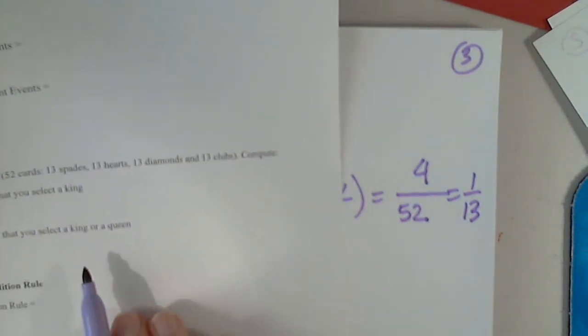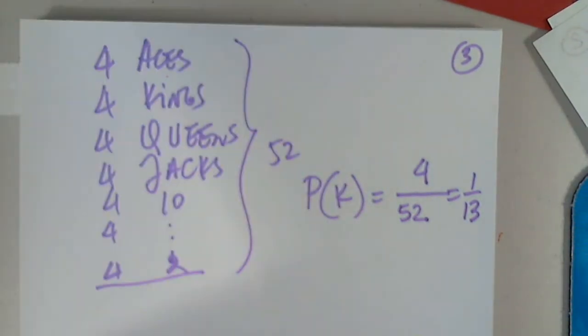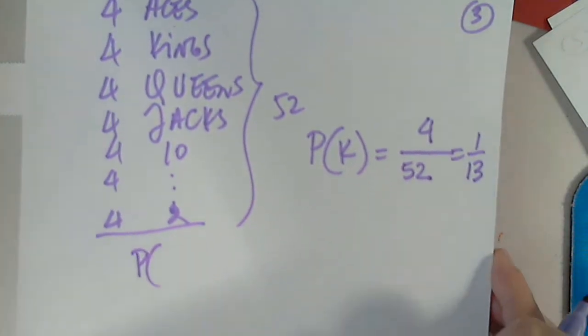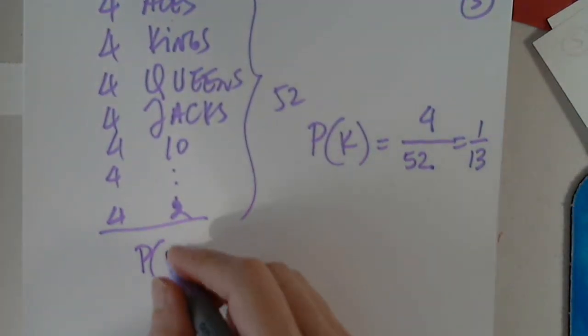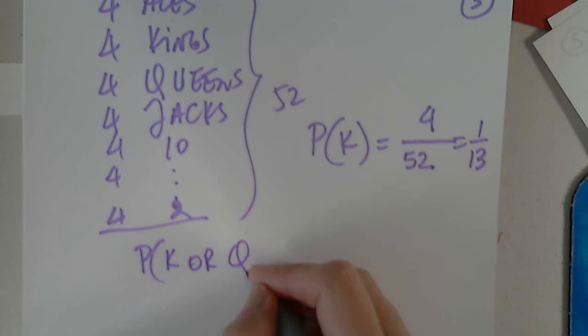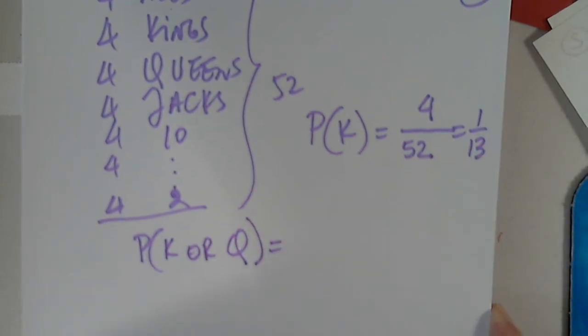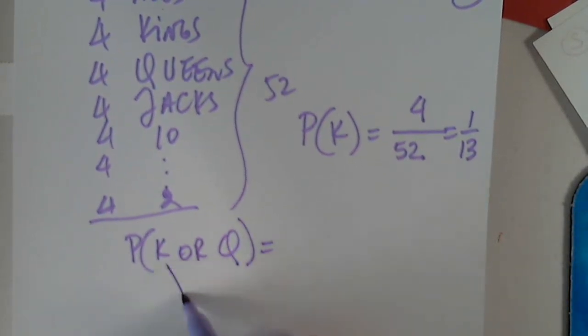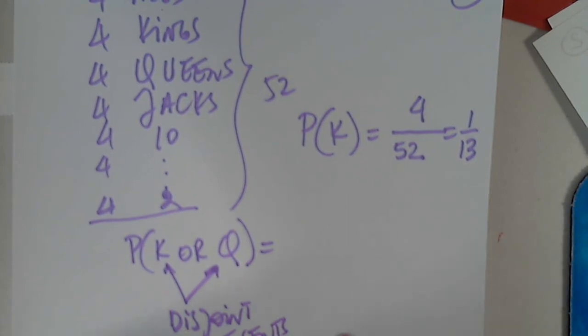The probability that you select a king or a queen. Because these two events are disjoint, I cannot select one card and at the same time select a king and a queen.